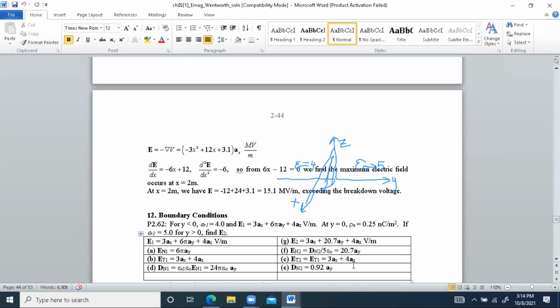Sir, for epsilon naught, you use D over E. Remember, epsilon equals epsilon R times epsilon naught, where epsilon naught is the permittivity of free space, right?